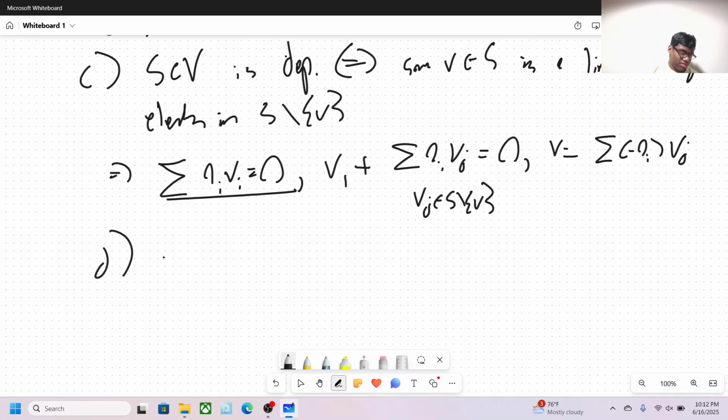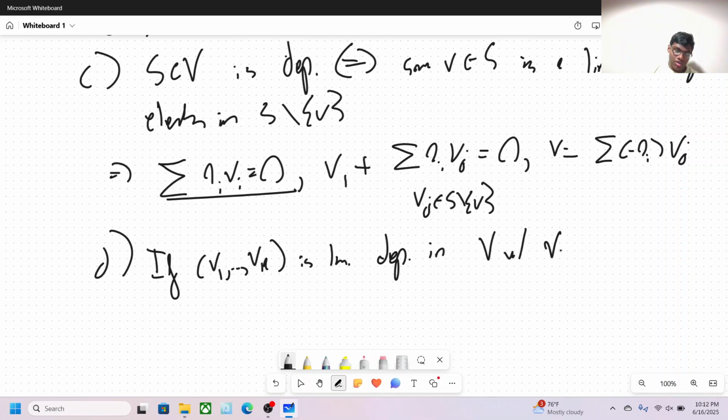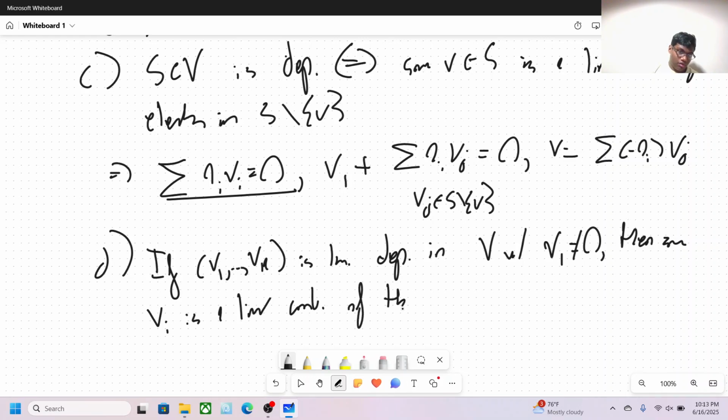And the last part: if v1 through vk is linearly dependent in V with v1 not equal to 0, then some v_i is a linear combination of the prior vectors in the tuple.